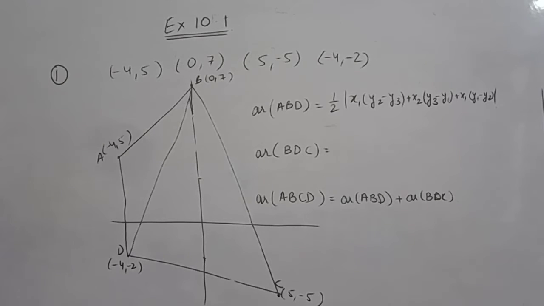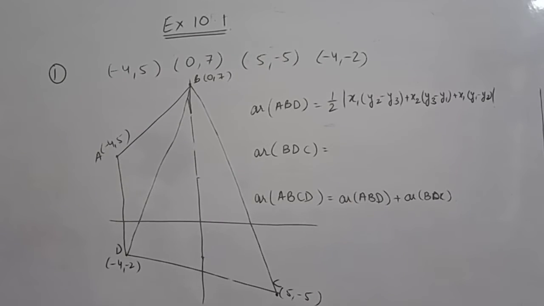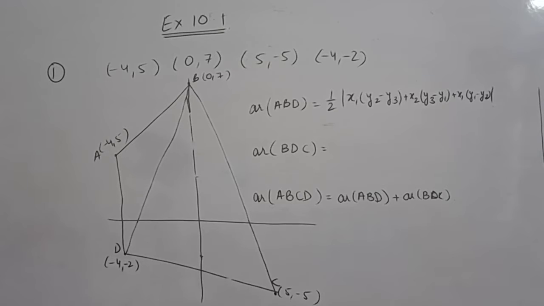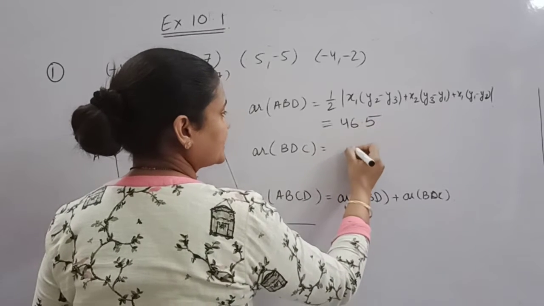Just find out the area. Now area of this triangle you are getting 46.5 and this triangle is equal to 14.